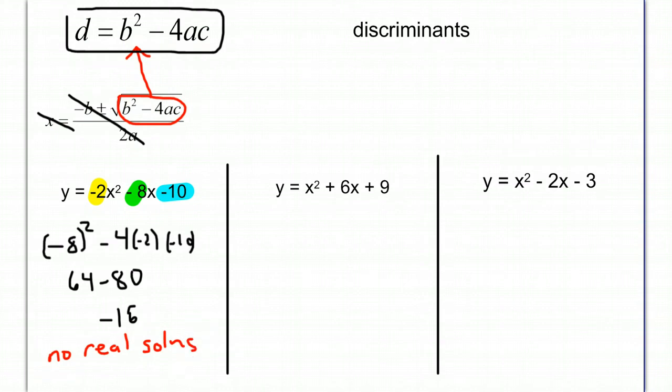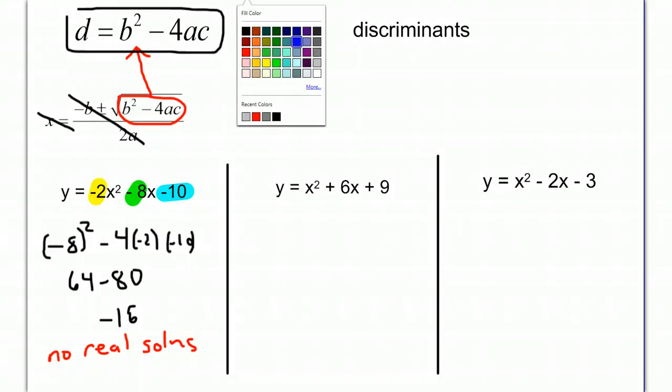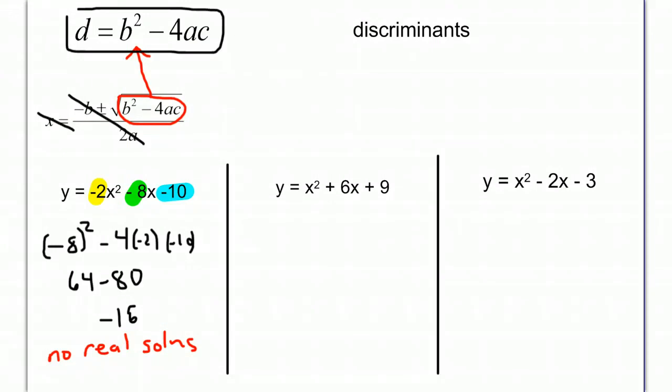In the next example, we have our a, b, and c just as before, and we want to figure out what is going to be the best thing we can do to determine how many solutions there are. And so if we start with our positive 1 as our a value, because there's nothing there.